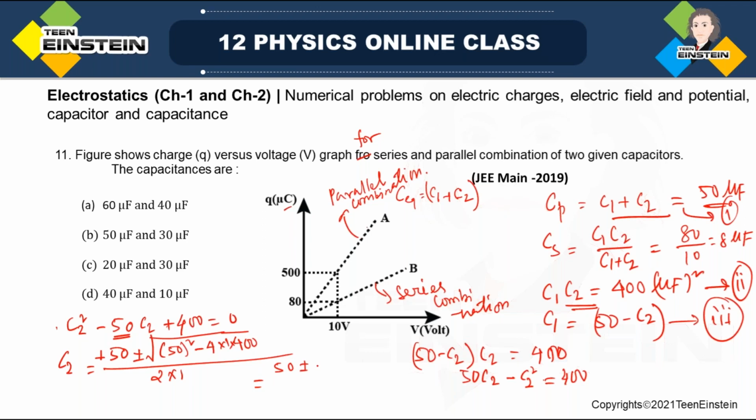Plus or minus this, and look, I'll just erase this part.